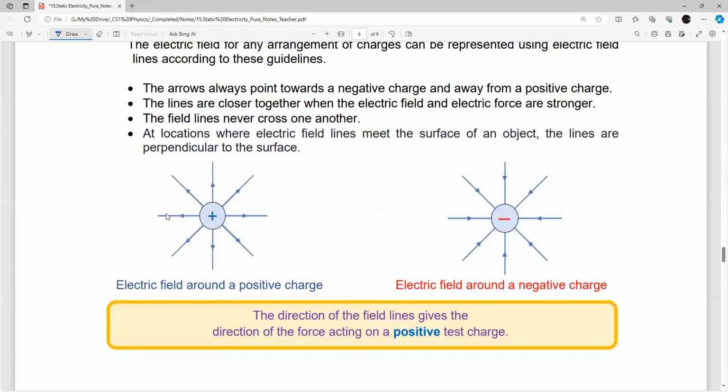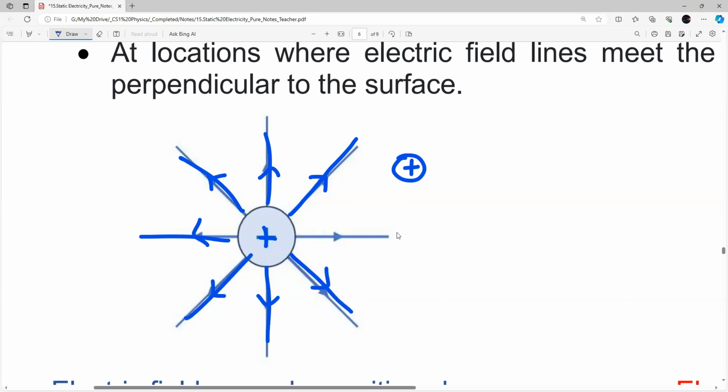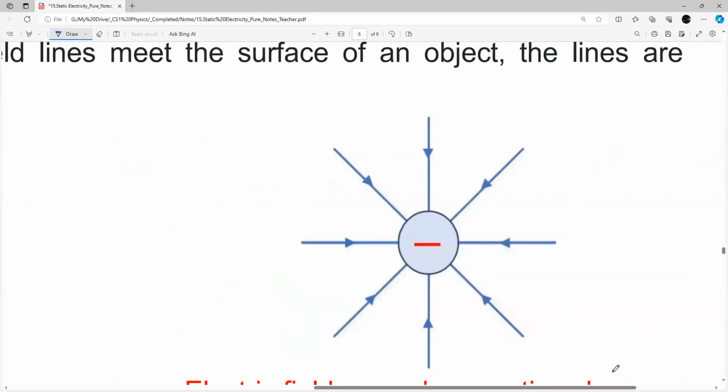Okay, so drawing our electric field lines. Imagine I'm a positive charge. How will I move with respect to another charge? If it's a positive charge, I'll get repelled away. That's why the lines are away. Similarly, using a positive charge, if I see a negative charge, I'll get attracted to it.